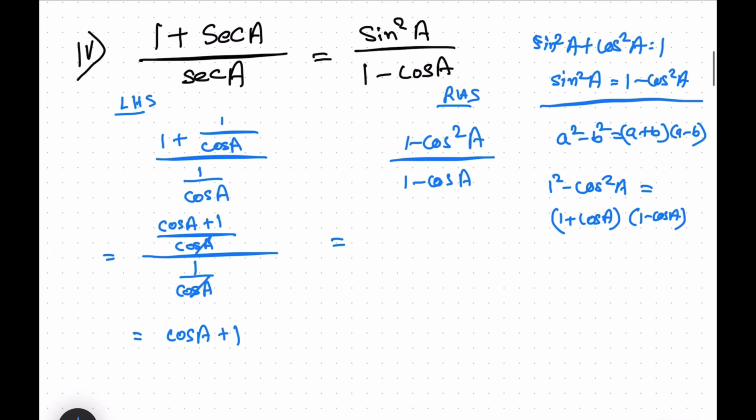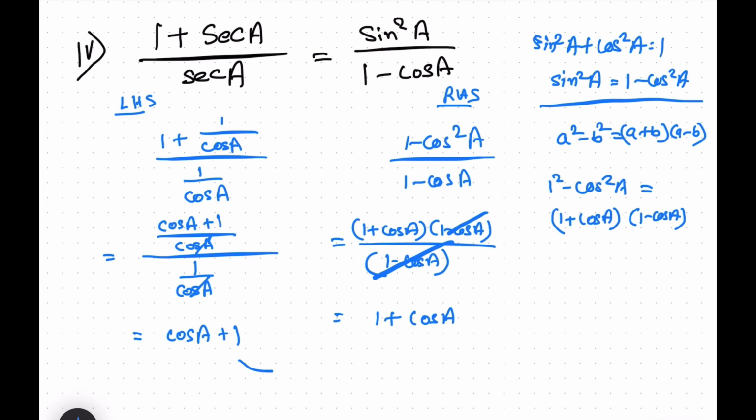So just write it here. It will be 1 plus cos a times of 1 minus cos a and divide with 1 minus cos a. Cancel this 1 minus cos a. So what is remaining? 1 plus cos a. So we can see from here they both are equal. So we can say LHS equal to the RHS.